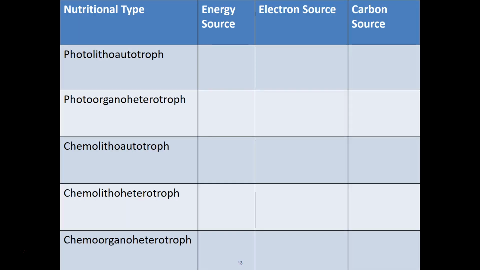All right, so there were 8 choices. Did I screw up my table? No. Now we're down to 5. Why 5? Because these are the only 5 that exist in nature currently. I put them in order: energy source, electron source, and then carbon source.